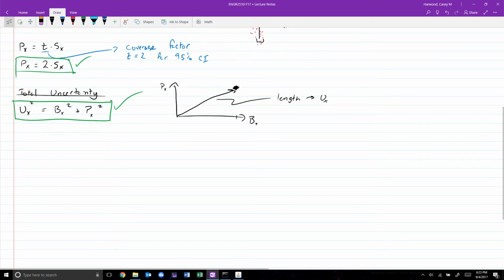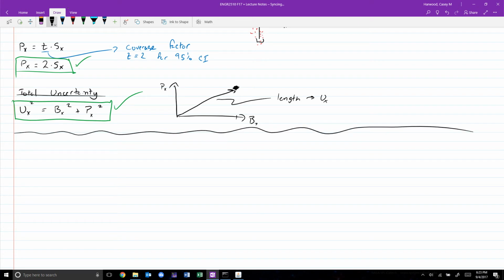The next question is, what does this do to the so-called data reduction equation? We're given measurements, which in this case are x1 and x2, but let's say maybe we have x3, x4, and so on and so forth.